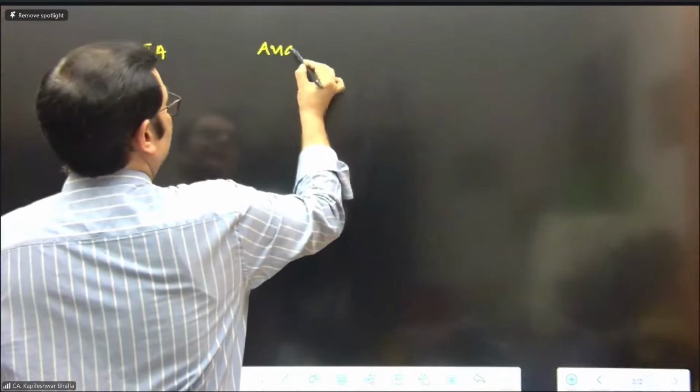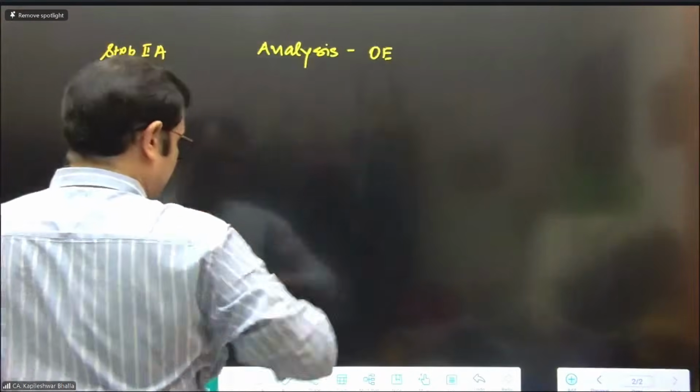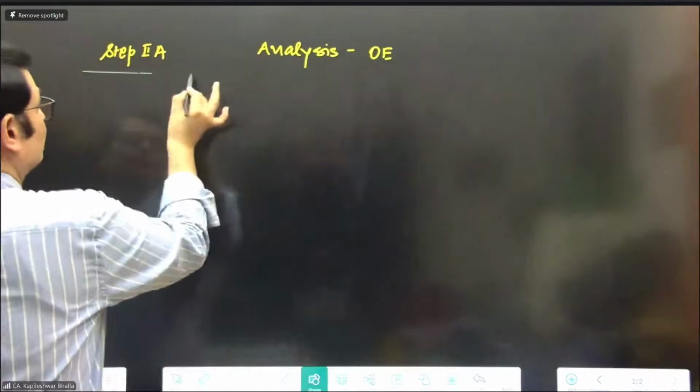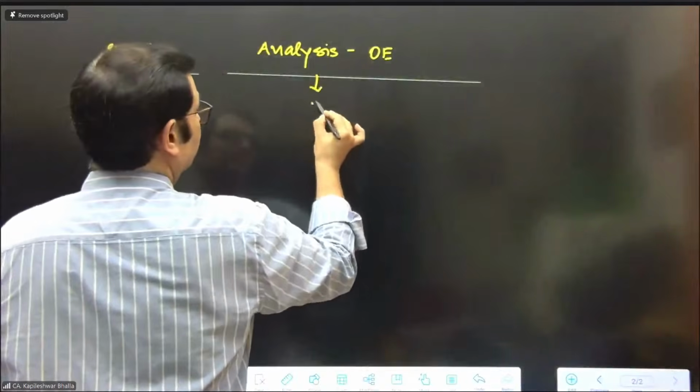So in this case, let's get a little more insight and correlate the adjustments in this step. Now, when you're looking at step number 2A, there are a minimum of 3 focus points which you need to keep in mind. So I'm going to give you those 3 focus points. This is the analysis of other equity, and as I said, you've got a total of 3 focus points in this case.